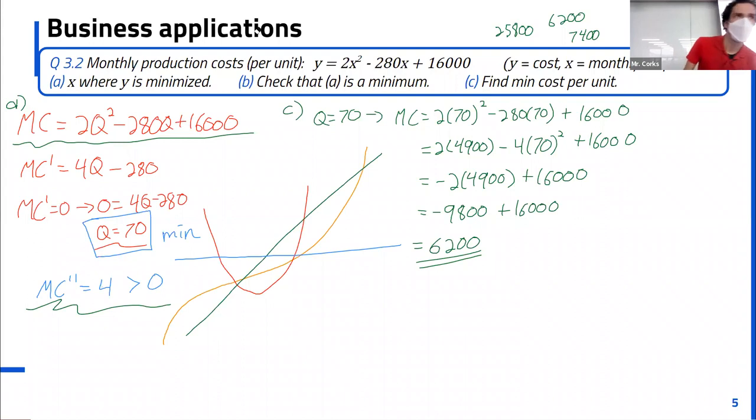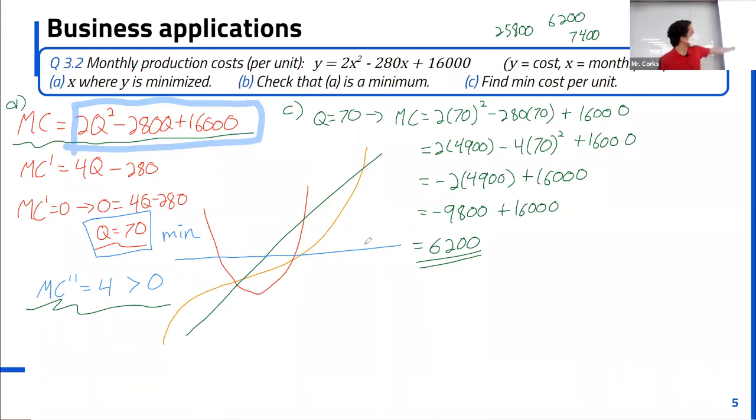Okay, question? I have not asked you, in class, we haven't talked about, here's an equation of a cubic and then make a graph of it for me. We haven't done that.